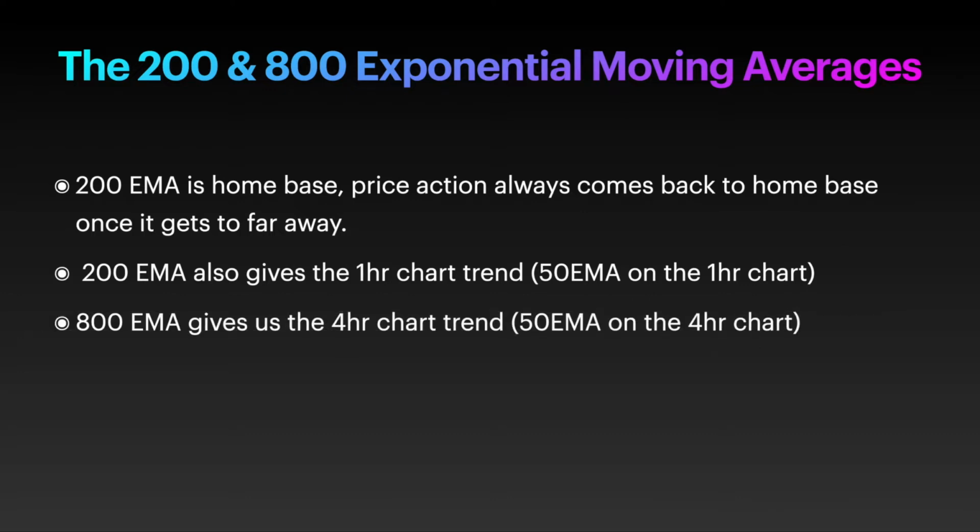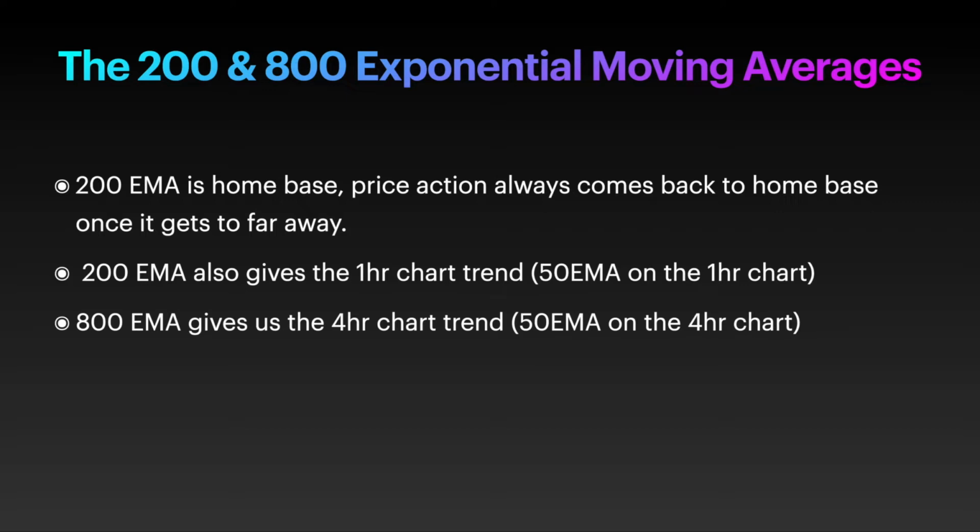The 800 EMA gives us the 4 hour chart trend. So basically, on a 15-minute chart, the 800 EMA will represent the 4 hour 50 EMA. So it'll give you that trend as well.